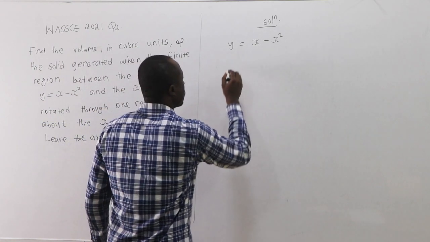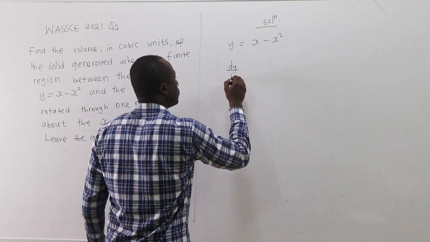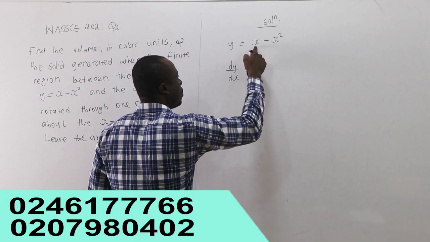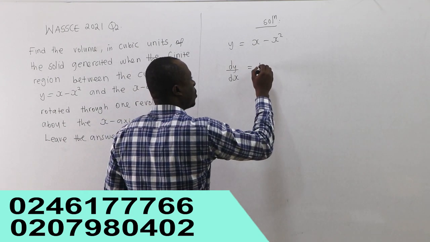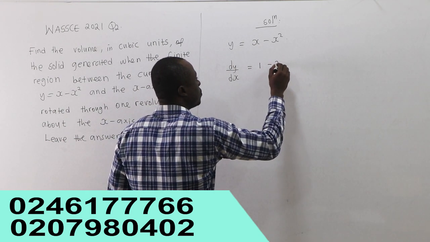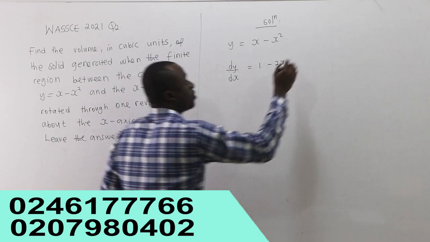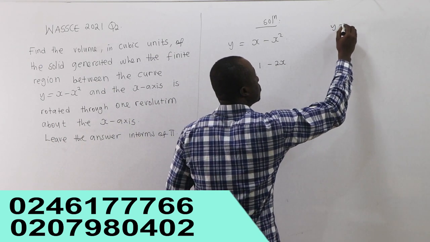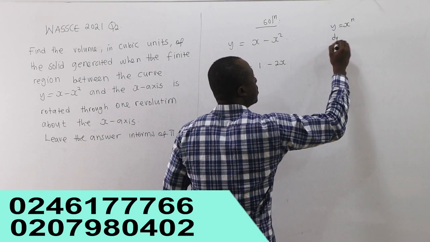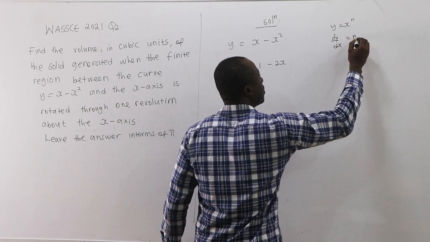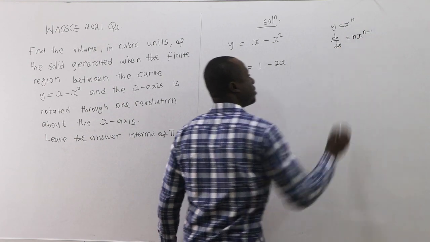Now let's find the turning point. So dy/dx: when you differentiate x, what do you get? 1. When you differentiate x squared, we get negative 2x. Why? We know if y equals x to the power n, dy/dx is n x to the power n minus 1.